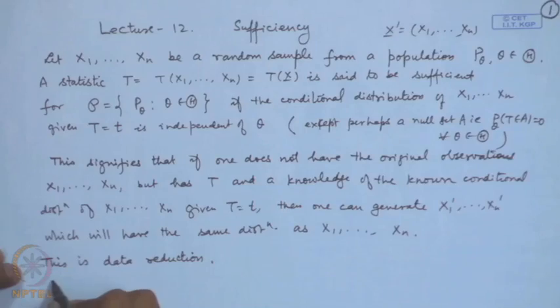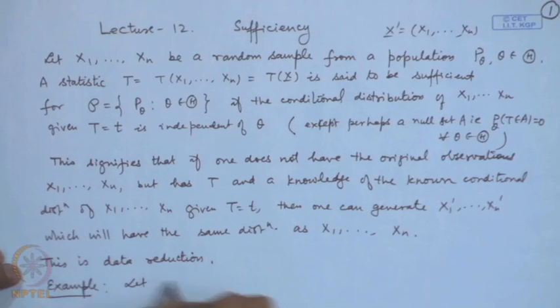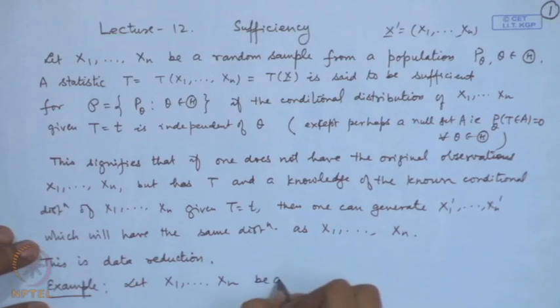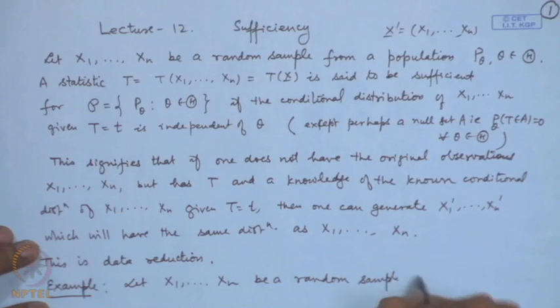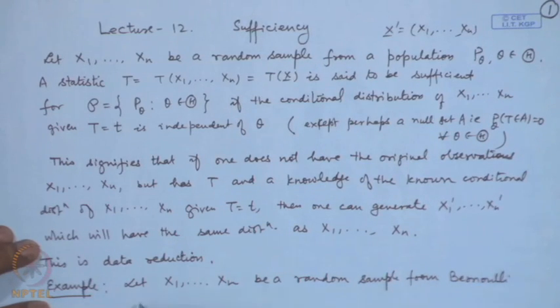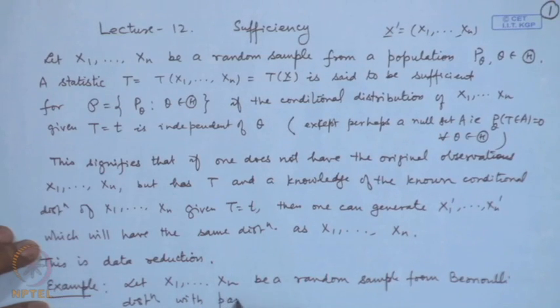So, let me explain this with an example, say a binomial distribution example. Suppose I have X1, X2, ..., Xn, a random sample from, say, a Bernoulli distribution with parameter p.